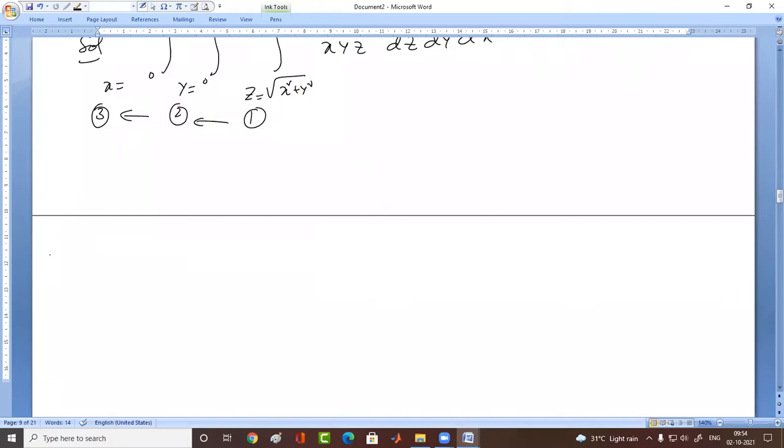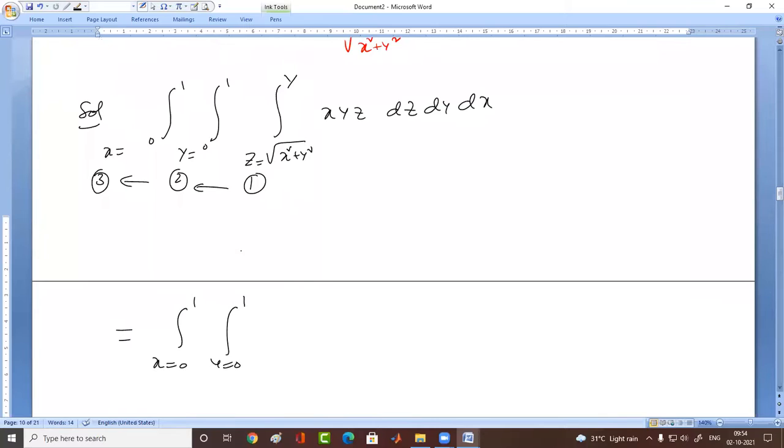So in this problem, first x is 0 to 1, y is also 0 to 1. Now x and y both are constants. Integral of z is z square by 2, from root over x square plus y square to y, dx dy.